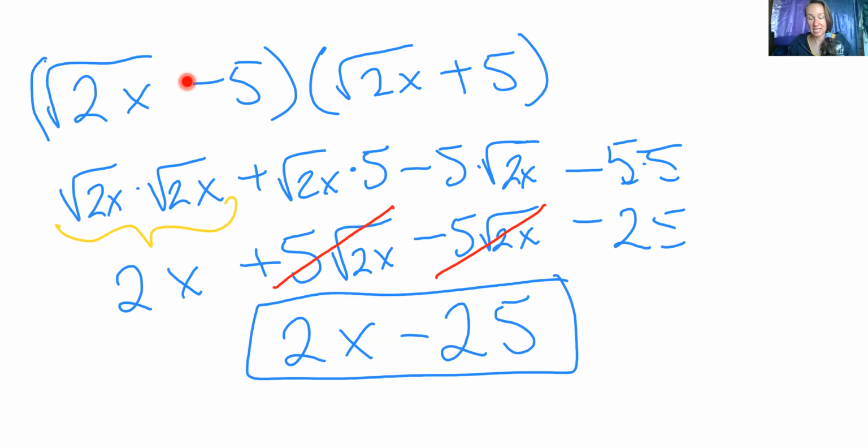And because we had a negative sign here and a positive sign here, that caused these two terms to differ just by a positive and a negative. And that's why they canceled out. These two terms we're going to talk about later. They're what we call conjugates. They're a pair of numbers that differ only by the sign they're combined under.